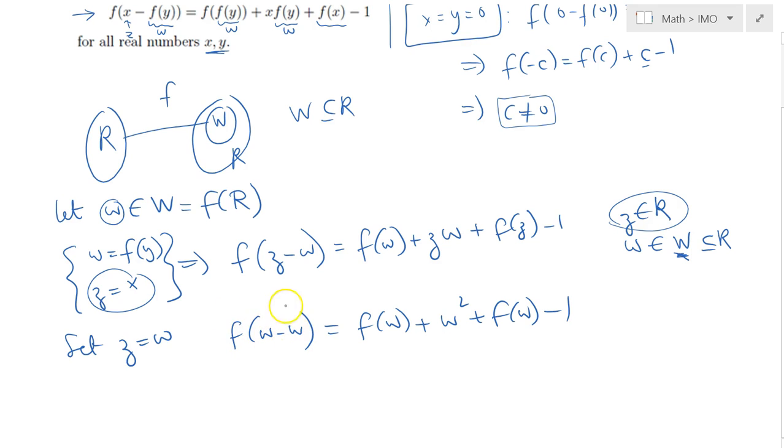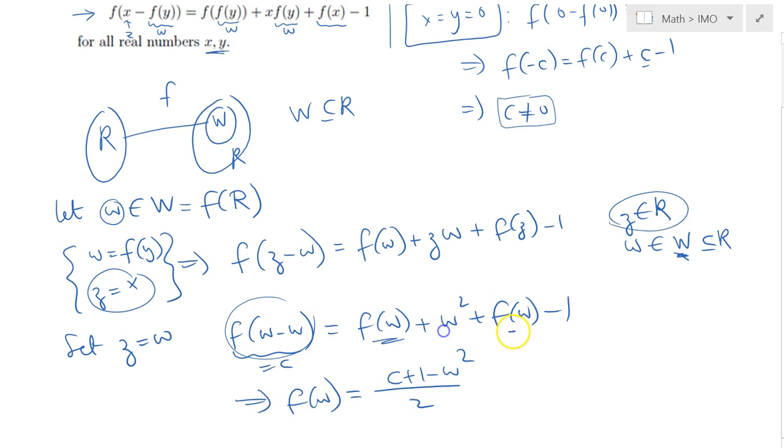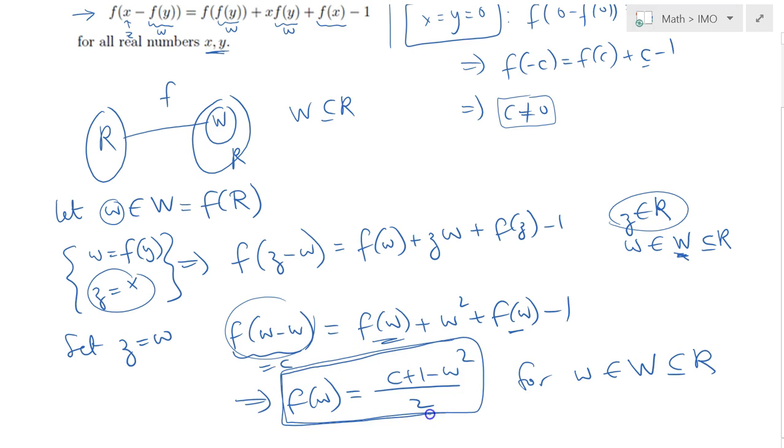And so this is f of 0 basically, but we realized f of 0 was just equal to c, which is non-zero. So this would imply that f of w is equal to c plus 1 minus w squared, all divided by 2 because we have two f functions, for w in W, which is a subset of R. So therefore we have a candidate for the functional form of f.